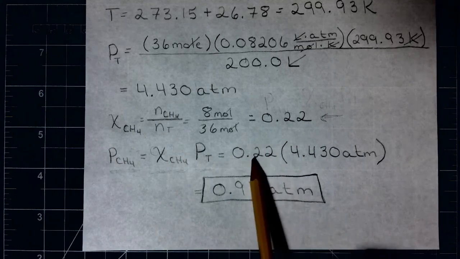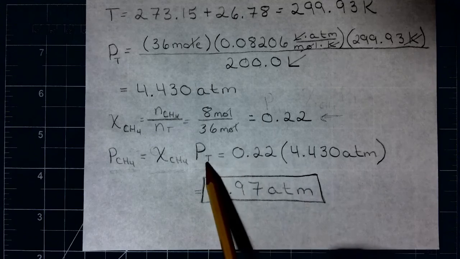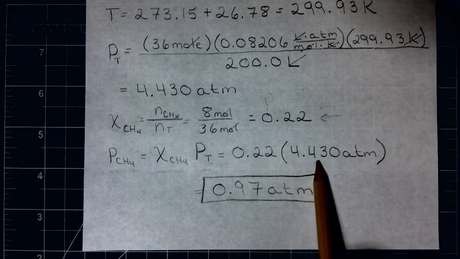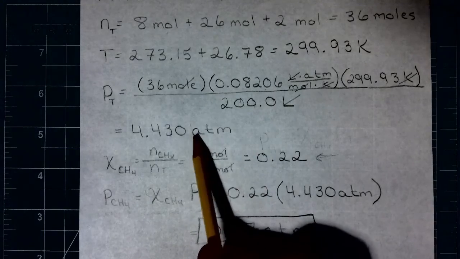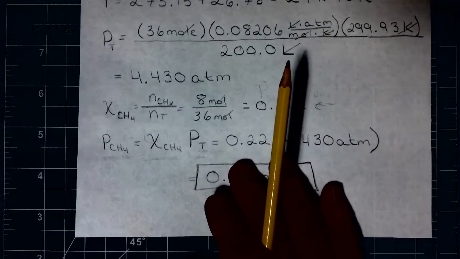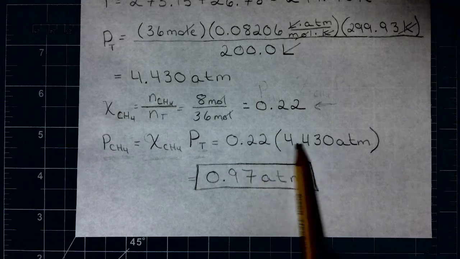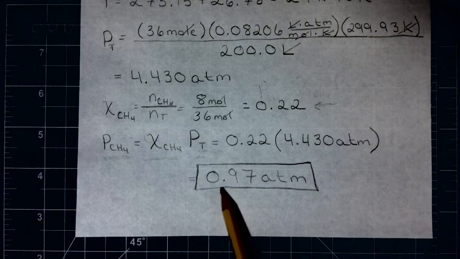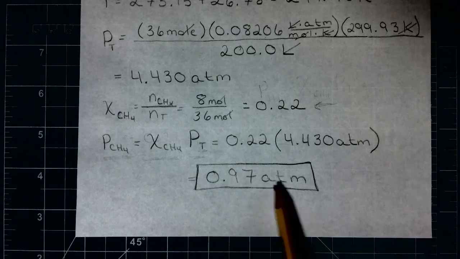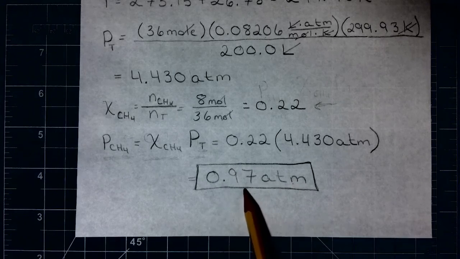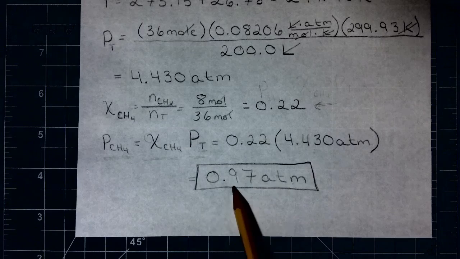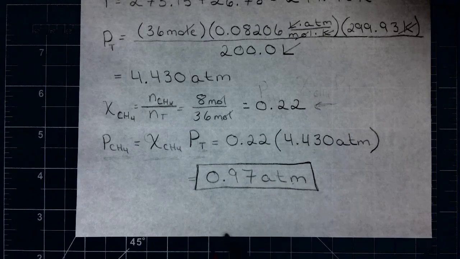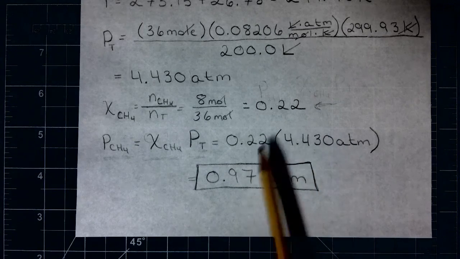The mole fraction is 0.22, and the total pressure is 4.430 atmospheres, the same one that we just calculated here. We do this multiplication, and we see that the methane is 0.97 atmospheres, which is a value less than the total pressure. So some portion of this is due to methane. It's 0.97 atmospheres of it, and that all makes sense.